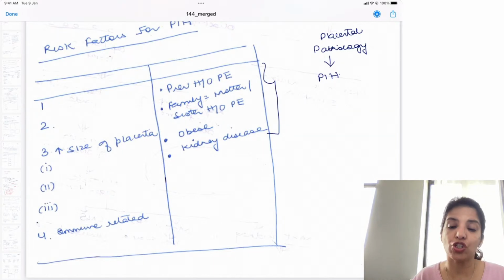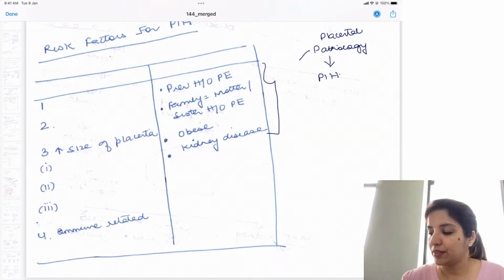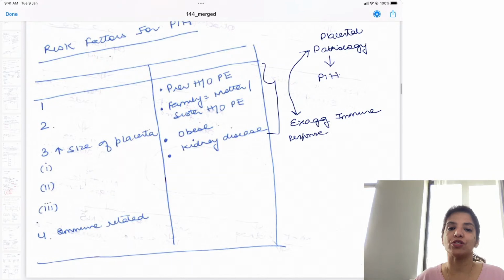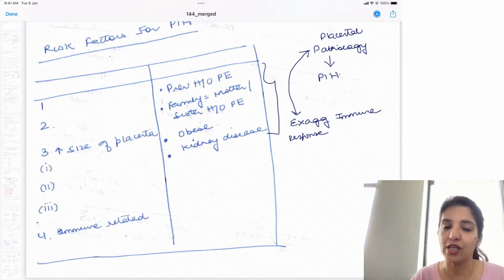Now, when we studied why this placental pathology happens in a few patients, we realized that in some patients there is an exaggerated immune response, because of which there is this placental pathology, because of which PIH happens.